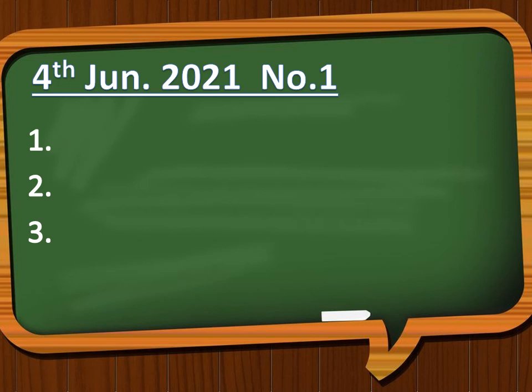Now let's have the last number, number 3. Tape. How do you spell tape? T-A-P-E, tape. Again, it's T-A-P-E, tape.